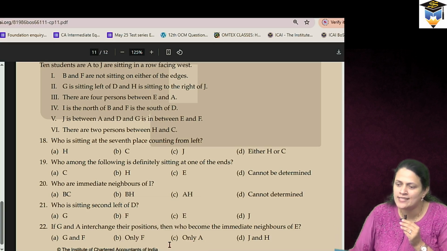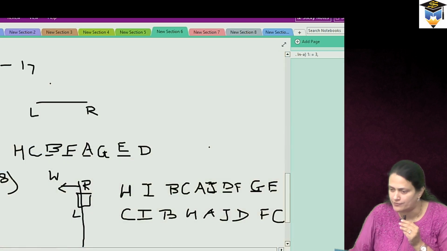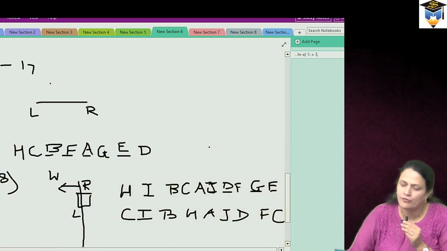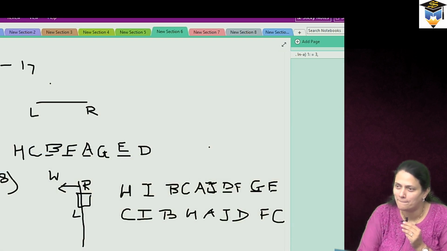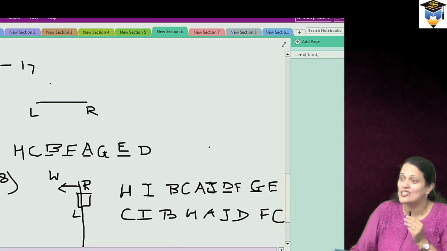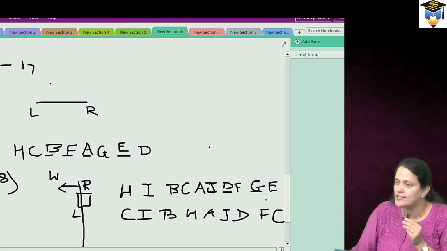Who is sitting at the 7th place counting from left? Which is the left, which is the right now? If I have written it like this, this is my right. They are all facing left, facing west, no?